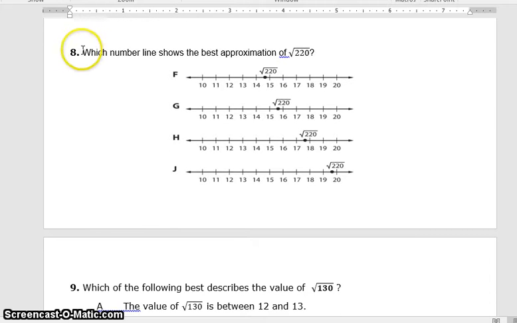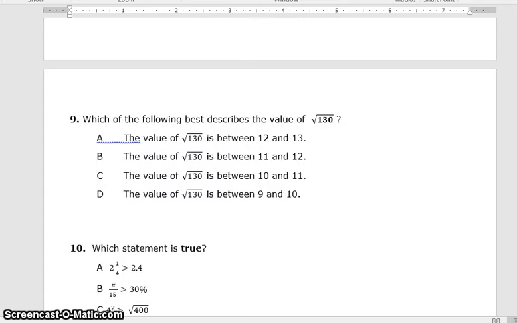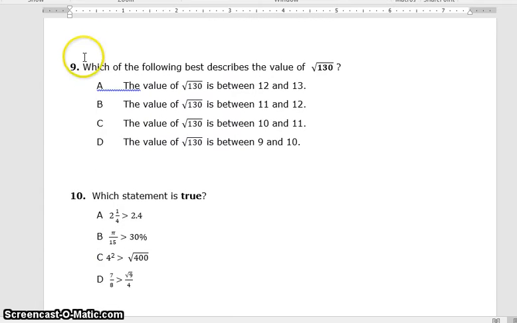Number 8. Which number line shows the best approximation of the square root of 220? Which of these is where square root of 220 goes? Number 9. Which of the following best describes the value of the square root of 130?